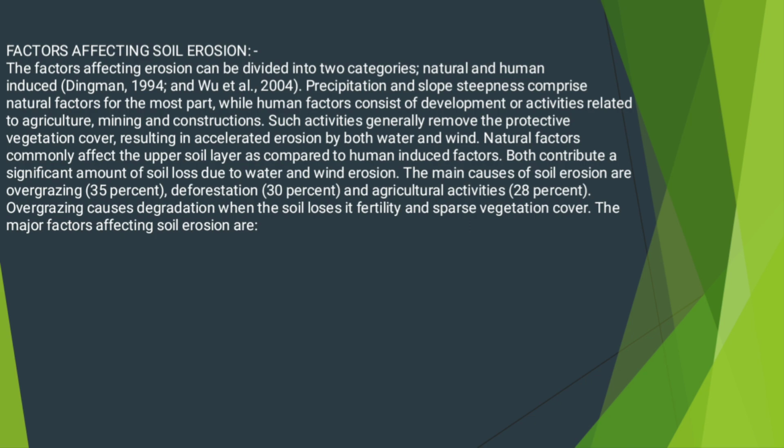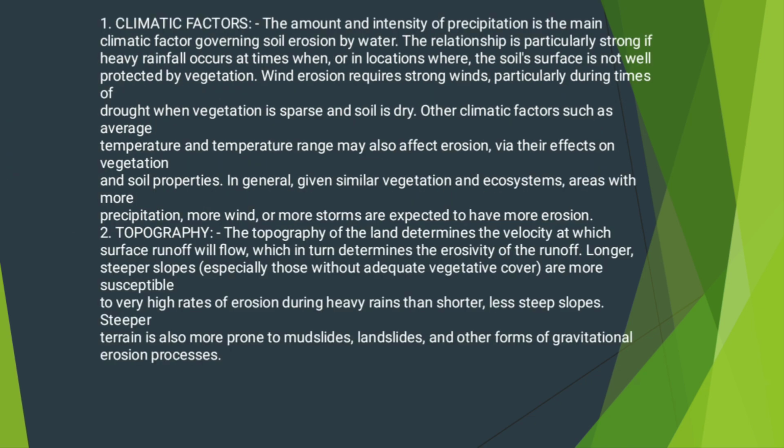So the major factors affecting soil erosion are, we have the climatic factors, and under that we can explain a little bit. We can say that the amount and intensity of precipitation is the main climatic factor governing soil erosion by water.